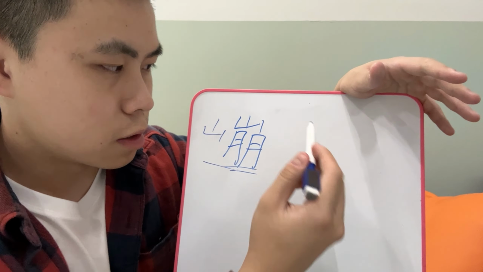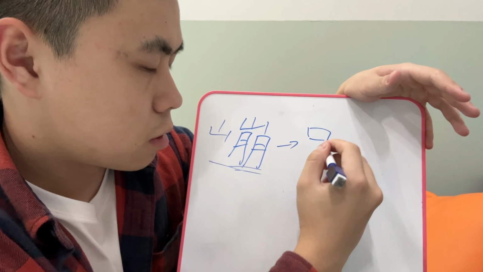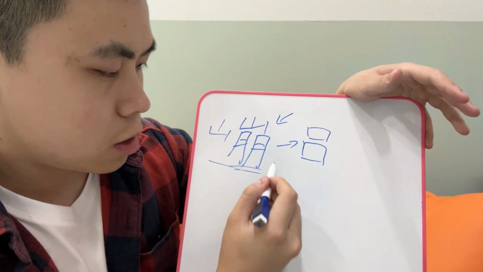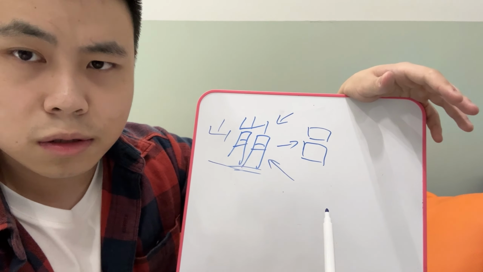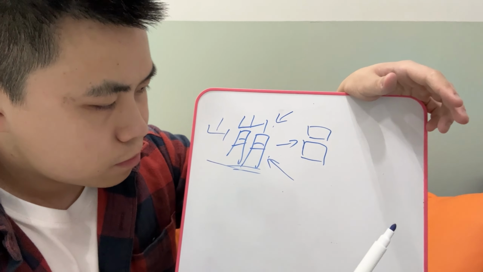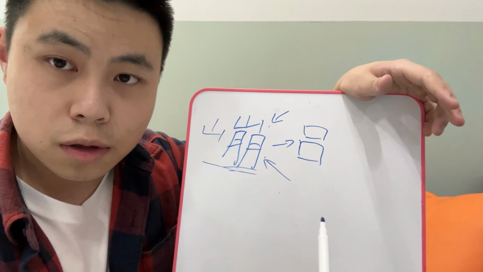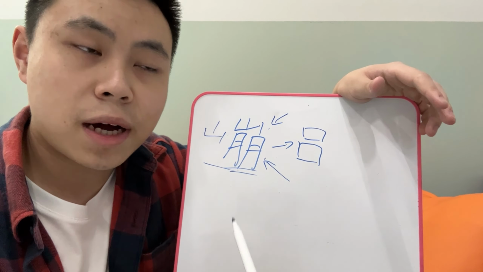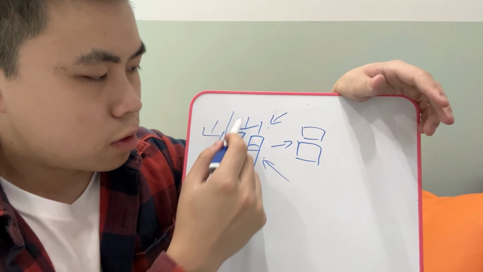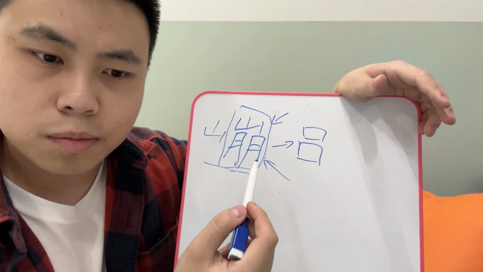And the first thing you will spot is its structure, right? How it's structured. So it's up and bottom, right? This part and this part. It gives you a general idea, right? If you know these two, you might have a general idea about what this character would mean.